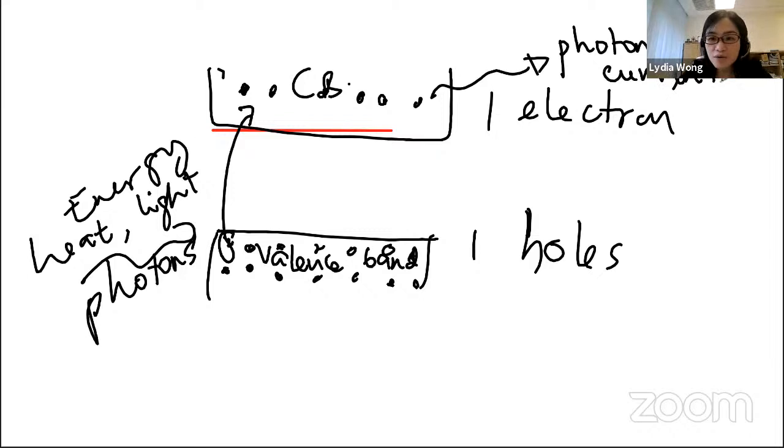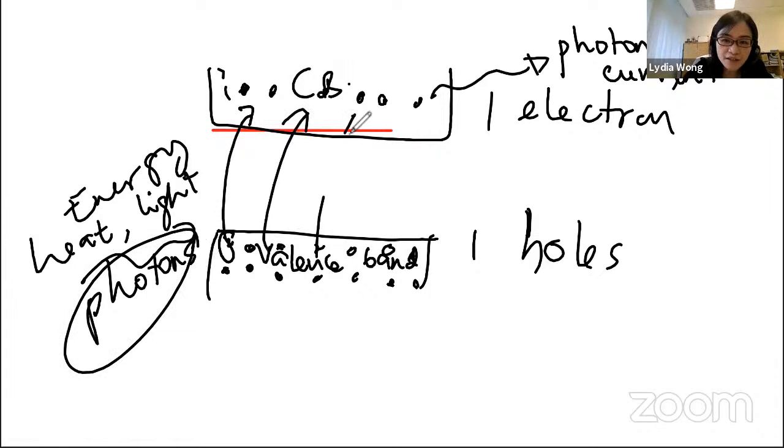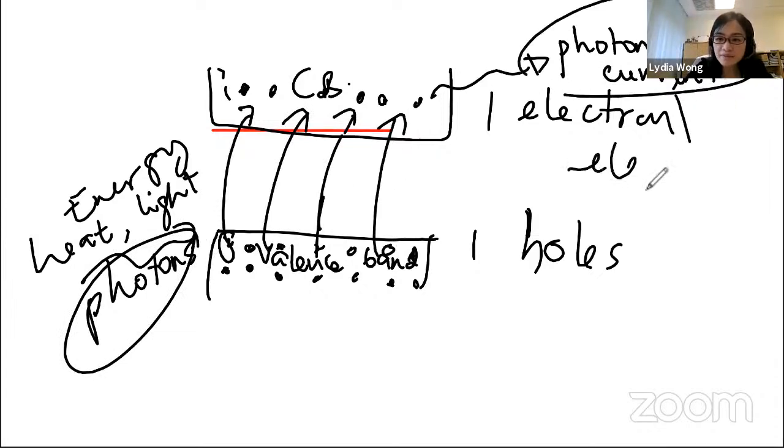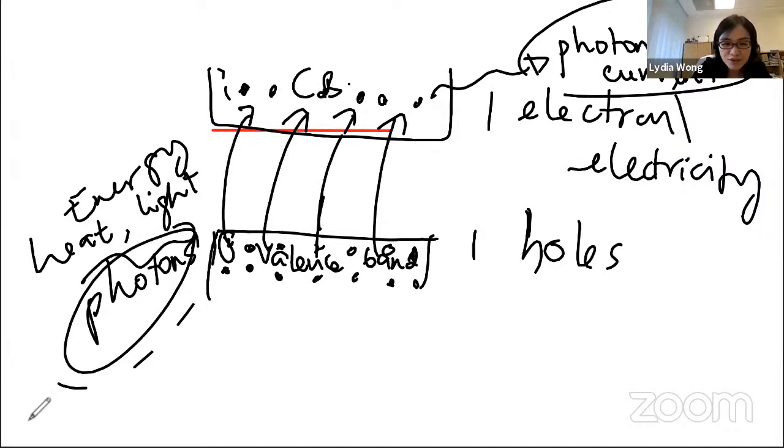This is how a solar cell absorbs photons, generates a lot of free electrons in the conduction band, and produces electricity. Okay, is it clear? So you need a semiconductor because you only want it to conduct and generate these free electrons when you shine photons on it. All right, okay. So I will come back to my slides.